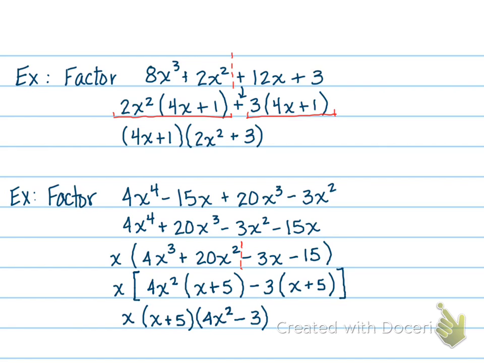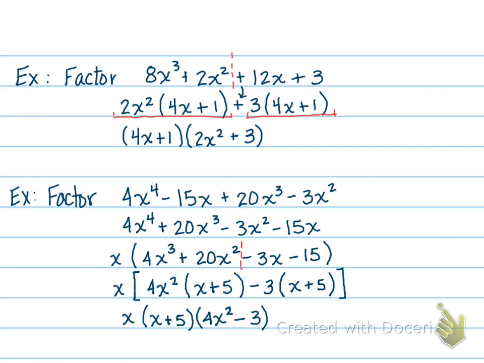Yes? Do you not take that x out in the beginning? Is it considered wrong? It is considered incomplete. Any factoring you do, as long as it multiplies to the original, is correct in the sense that it's true.